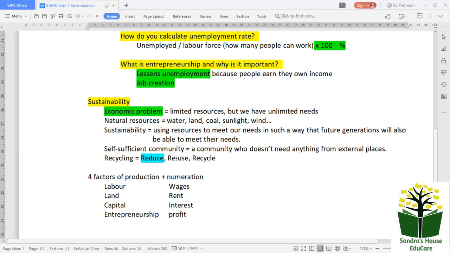Then reuse is we use the same thing again. So not necessarily washing out your plastic baggies and reusing them. I don't think that's a very good idea. But I have an idea, like for example, for your car tires. What do they do with car tires after they are broken and you can't use them anymore?